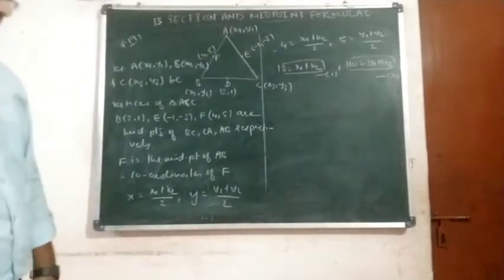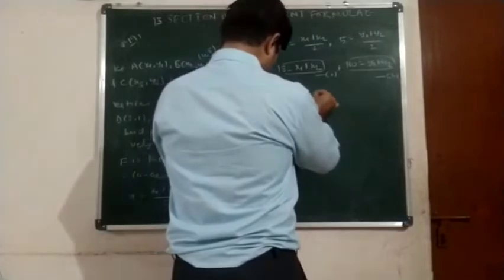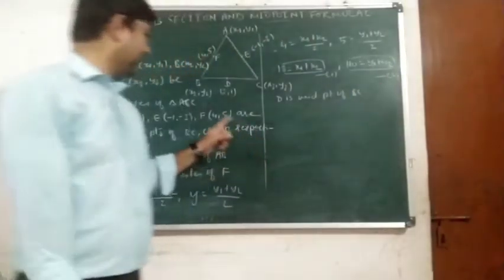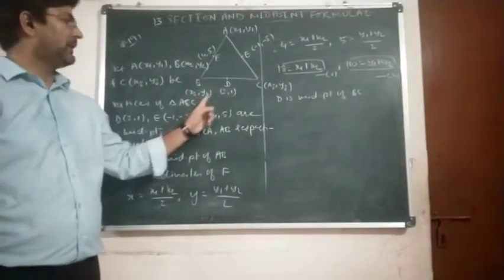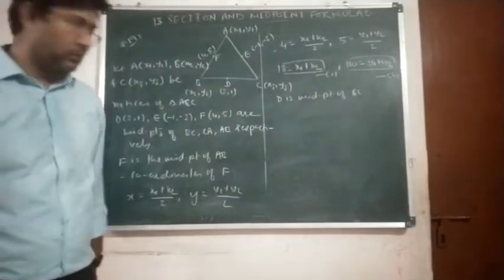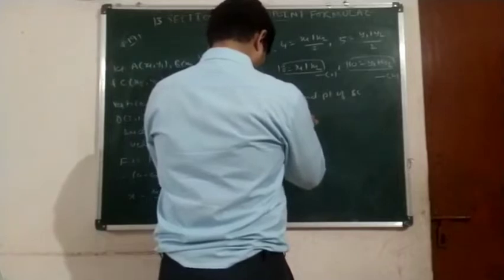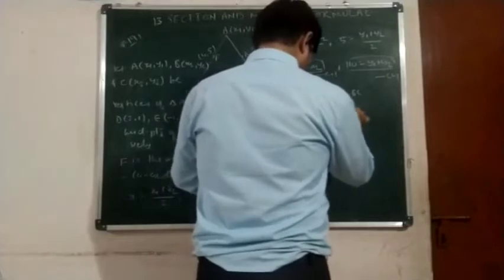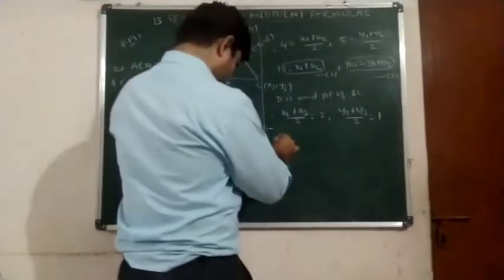number 2. Okay, similarly D is the midpoint of BC, and therefore we will get that (x2 plus x3)/2 is equal to 2 and (y2 plus y3)/2 is equal to 1.